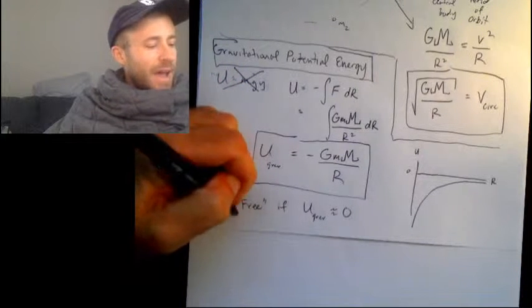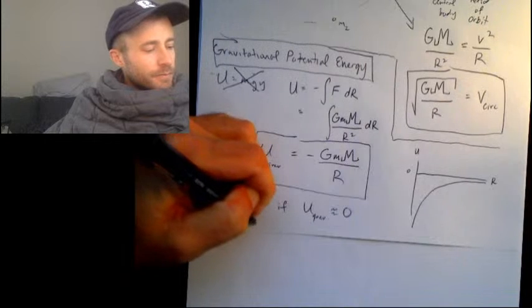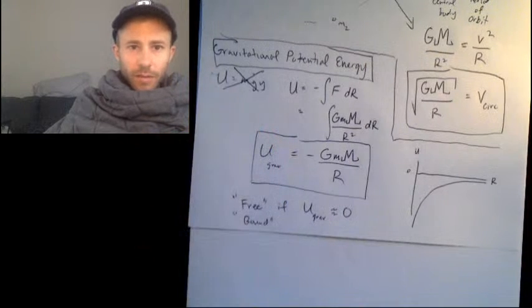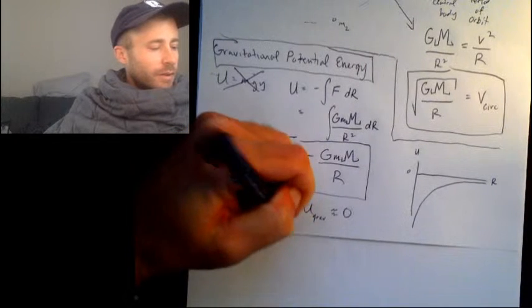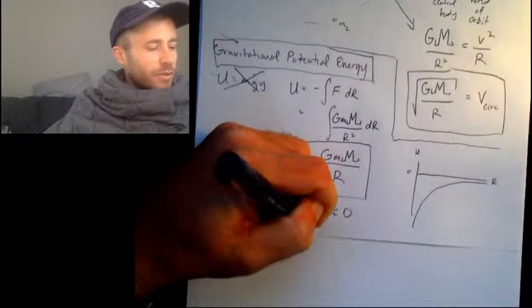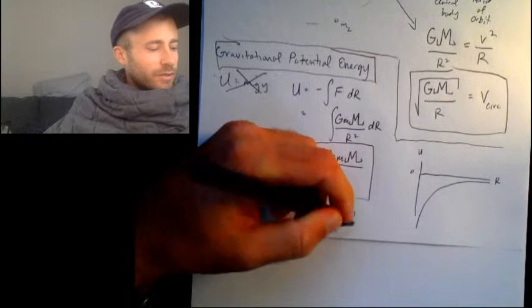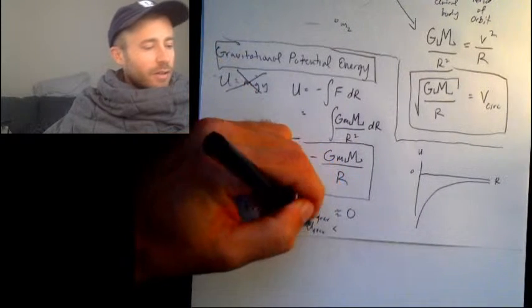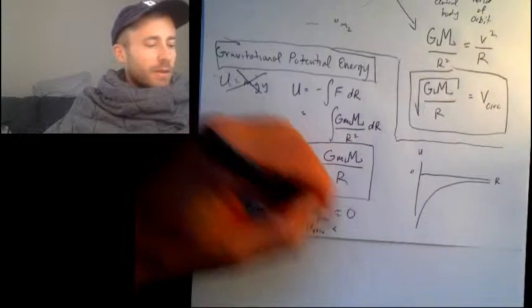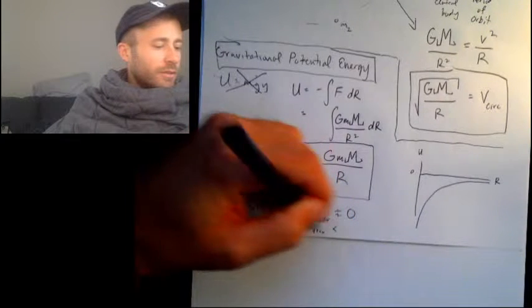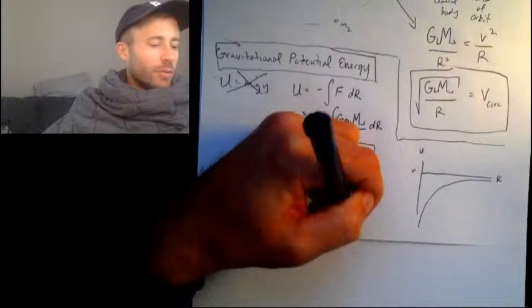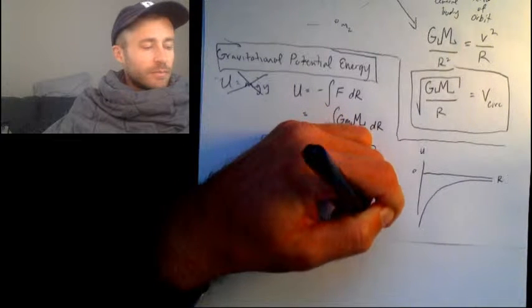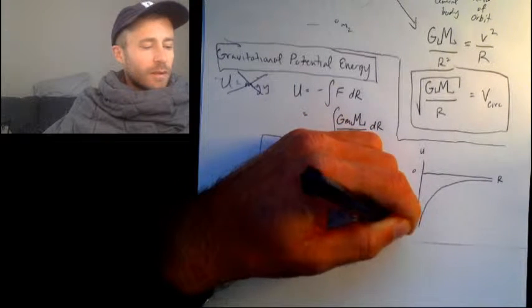It is bound to that object if the gravitational potential energy is negative. I should say it's more bound the more negative it is.